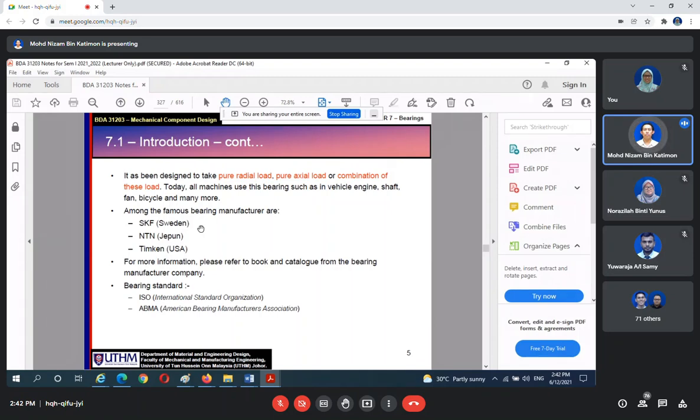I think most bearings in motorcycles use the NTN brand. Less well known, at least to me, is the Timken brand, produced by a US company.